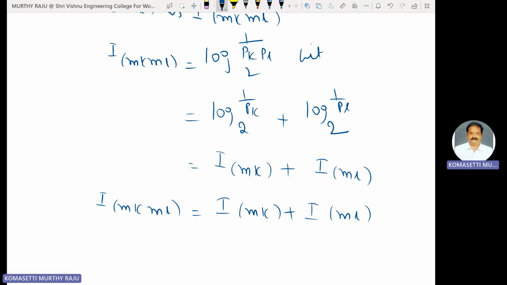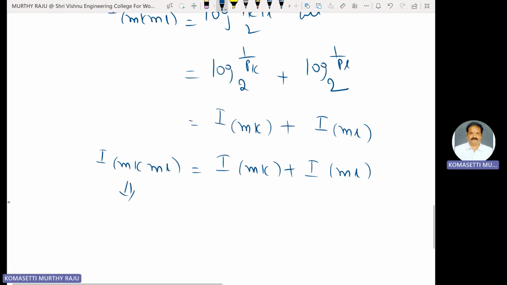That means it will be sunny today and it will be cloudy tomorrow. These are the two messages received. The information in the message, it will be sunny today and cloudy tomorrow, is the same as the sum of information received in the two messages, it will be sunny today and it will be cloudy tomorrow. This belongs to composite messages.